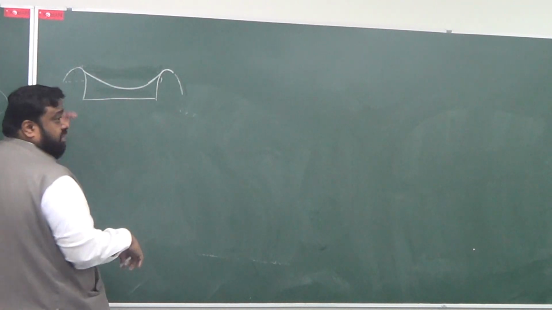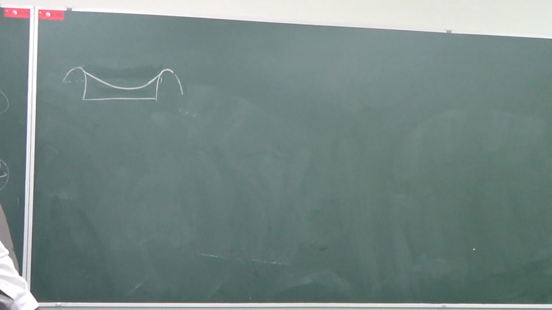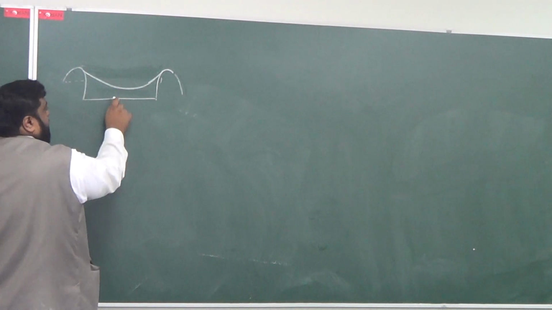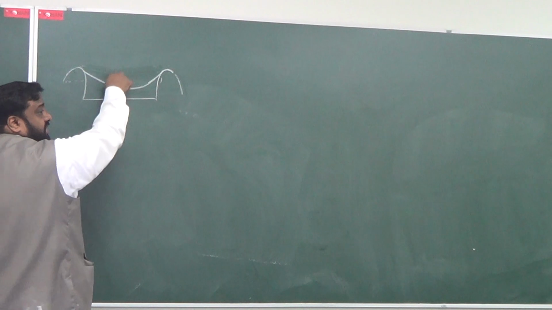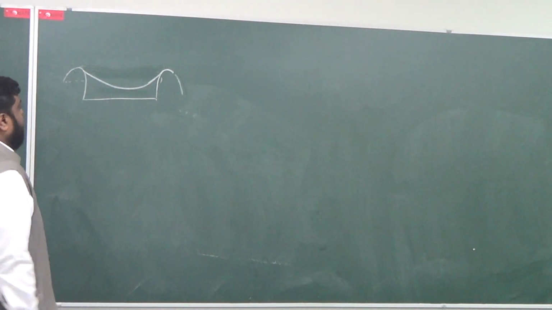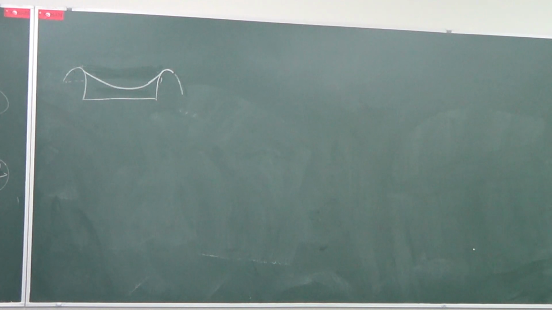What would be the other principal direction? That's like moving this way, roughly like a semicircle. It's subtle, but you are moving this way. That would be the other principal direction.